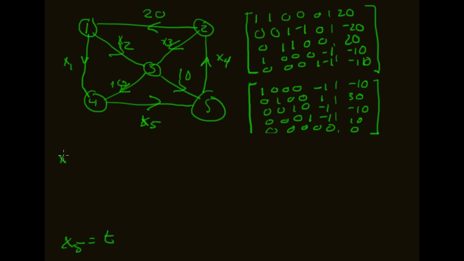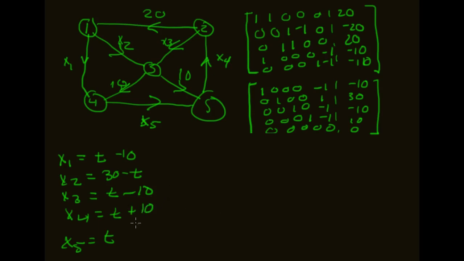That means that x1 is going to be t minus 10. x2 would be 30 minus t. x3 would be t plus 10. Right? And x4, let's see, x3. Sorry, x3 should be t minus 10, that's not correct. So let's fix that. T minus 10. x4 is t plus 10, right?